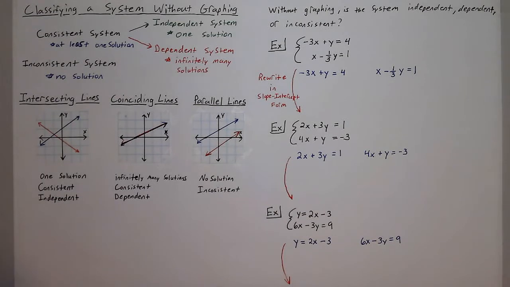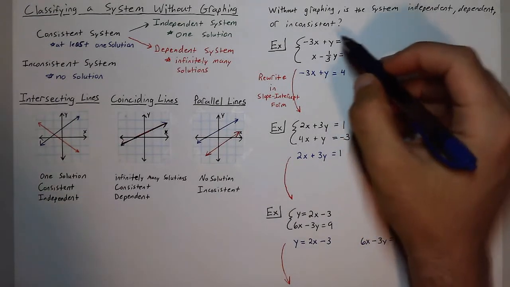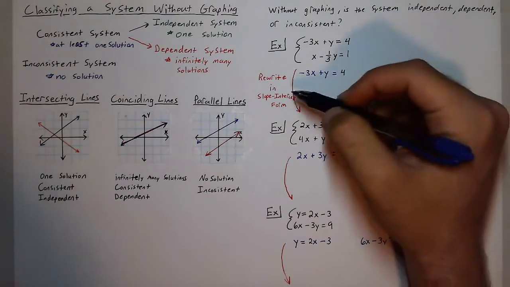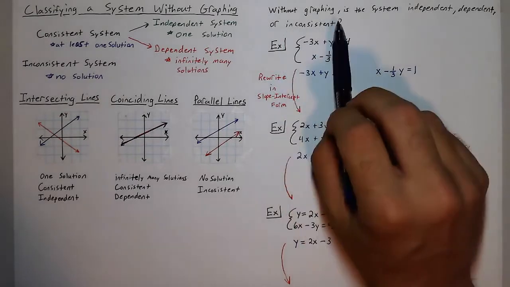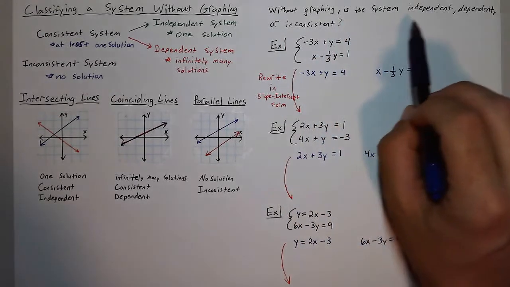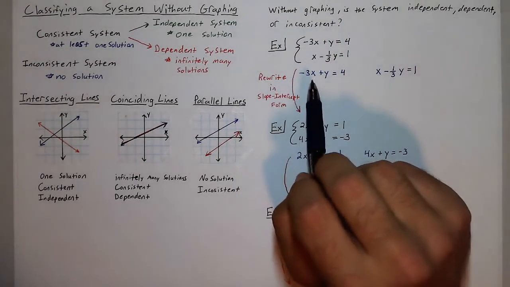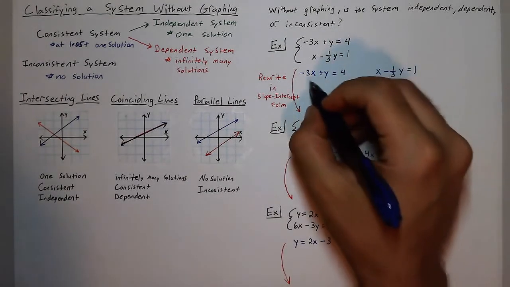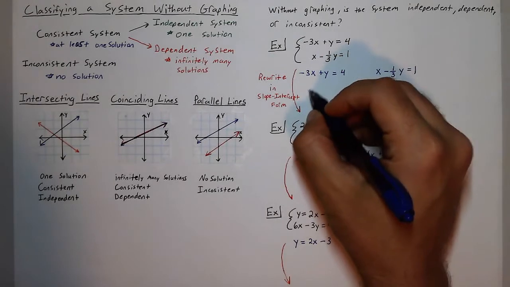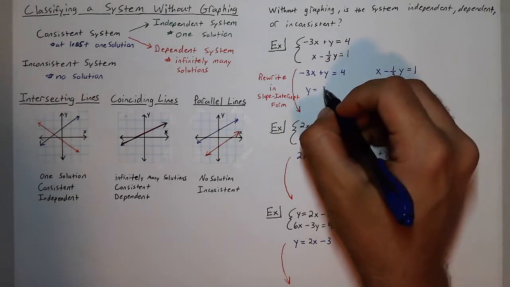The process of doing this on a normal problem is, when you're given these equations, to put them into slope-intercept form. So for our first example, without graphing, we're going to label the system as independent, dependent, or inconsistent. When I put this equation in slope-intercept form, I will add 3x to both sides, giving me y is equal to 3x plus 4.